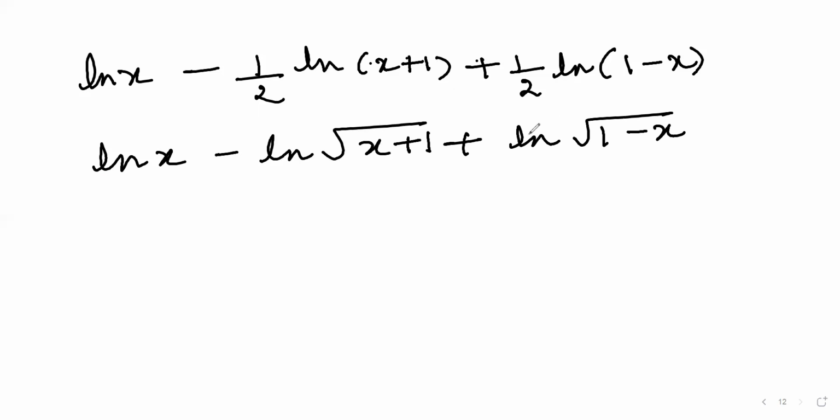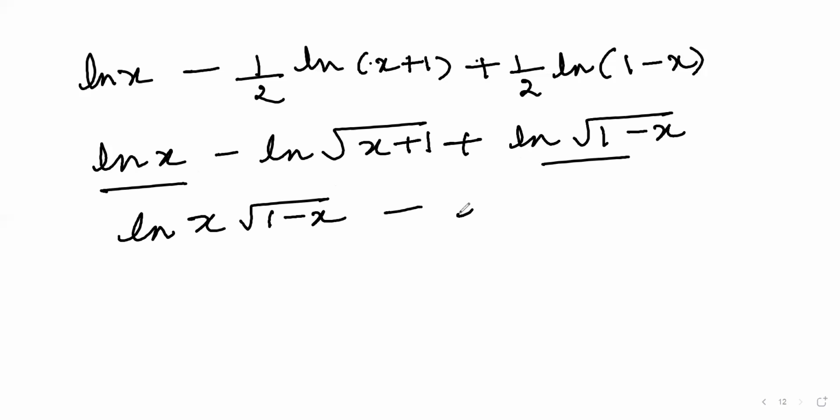Even otherwise, forget the concept of integration. Now we can use our laws of logarithms, isn't it? Log a plus log b and so on. We can club these two. We get ln of x into root of 1 minus x, since log of a plus log of b is log of a into b, minus ln of root of x plus 1.